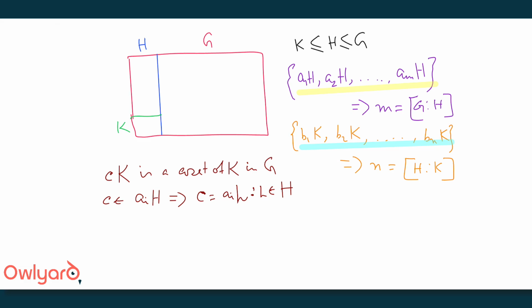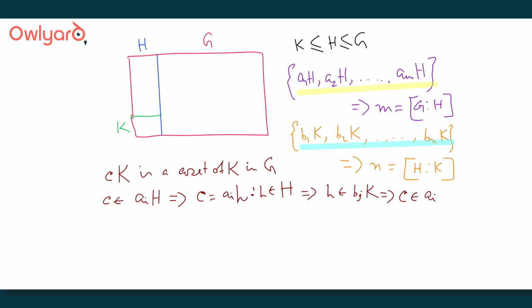Assume that h belongs to the coset BJK. Then everything I'm saying here implies that C must belong to AI BJK, which essentially means that the coset generated by C is the same as the coset AI BJK.